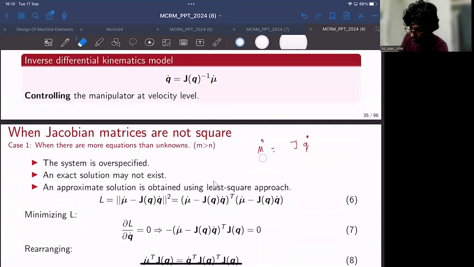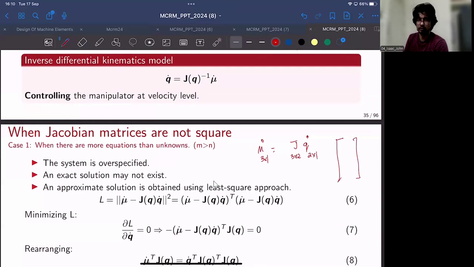If mu dot, the task space variables, is 3 by 1, and Q dot, the joint space variables, is 2 by 1, then J is 3 cross 2, so it's a tall matrix. It has more rows than columns. So we have more equations than unknowns.